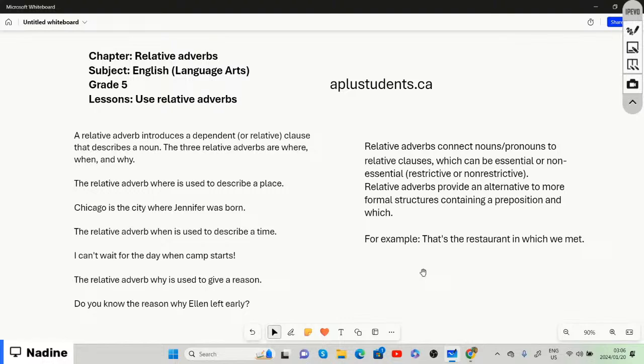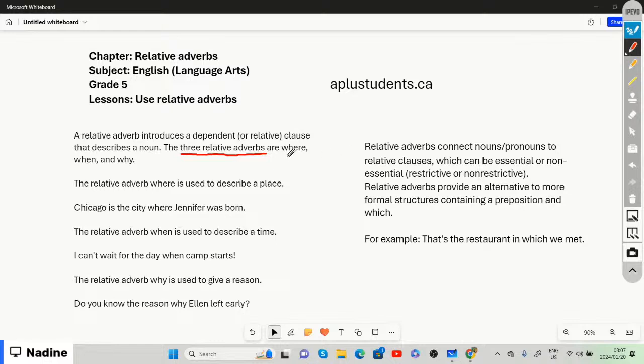And the three relative adverbs are where, when, and why. So a relative adverb introduces a dependent clause that describes a noun, and the three relative adverbs are where, when, and why.